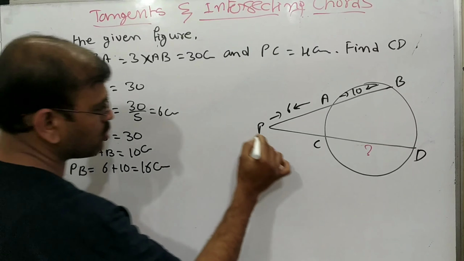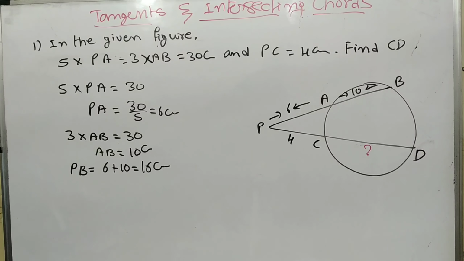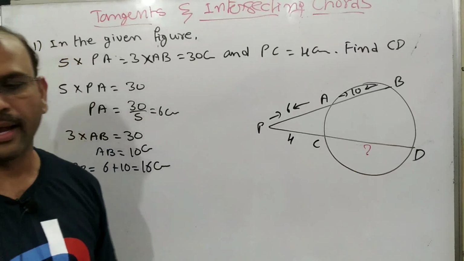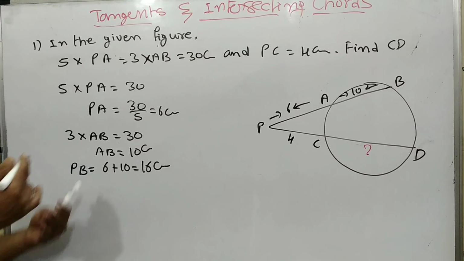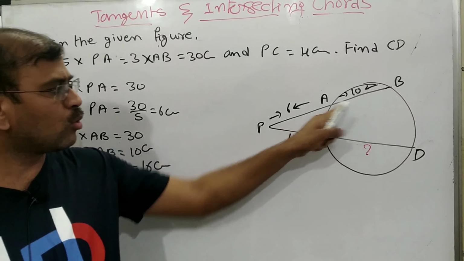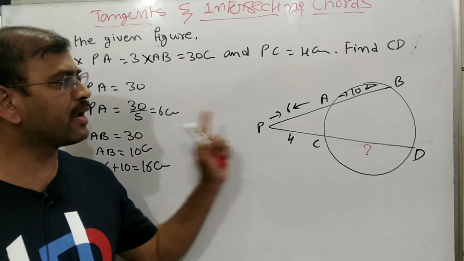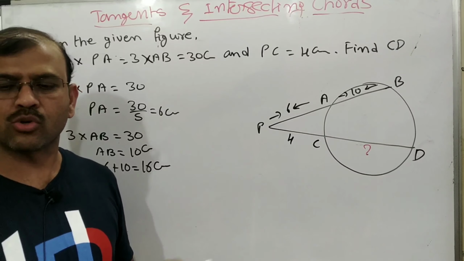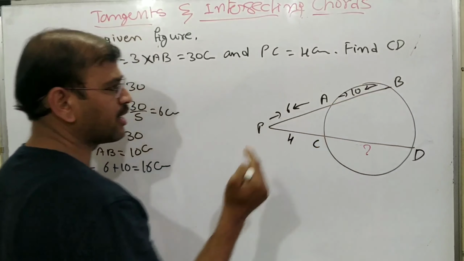Now according to the question, the PC value is 4. Then we need to find the length of CD. Whenever you see two secants meeting at the exterior point, what is the formula you need to remember? Entire length times exterior part.